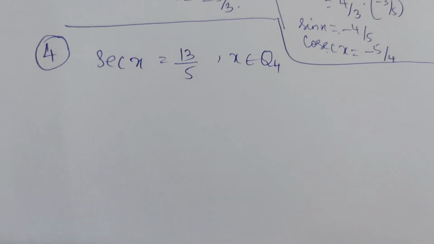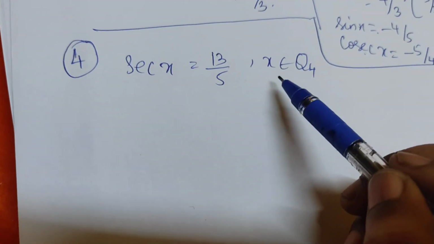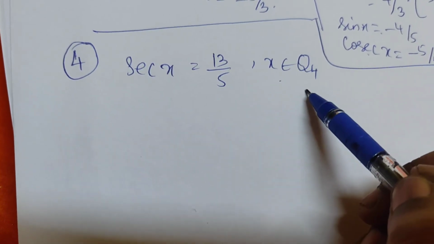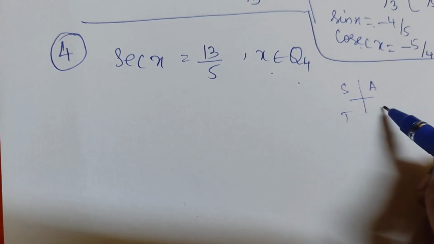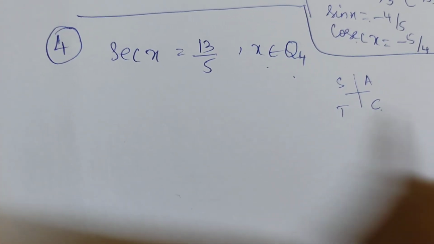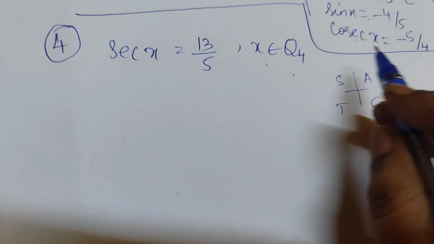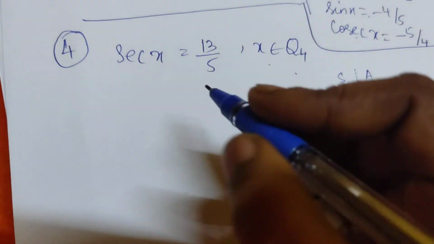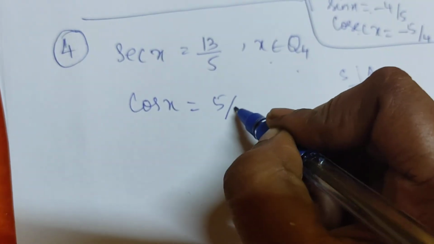Now in the fourth problem, they have given secant x is equal to 13 by 5, where x is from the fourth quadrant. In the fourth quadrant, according to the phrase "All Silver Teacups", we have cos and its inverse secant positive and the rest of the ratios are negative. So cos x will be 5 by 13.